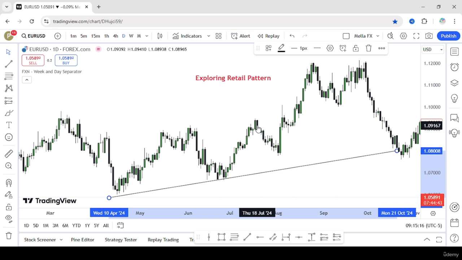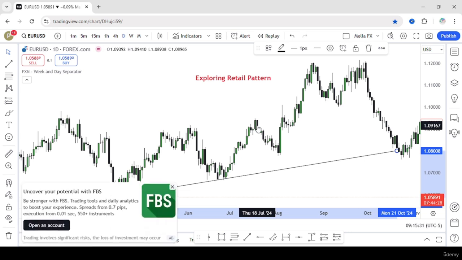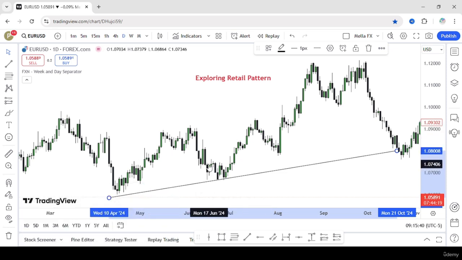Another thing, retail traders would extend this line into the future to attribute support theories to it. And when price hit this extended line, connecting the higher lows, the retail trader would buy from there.